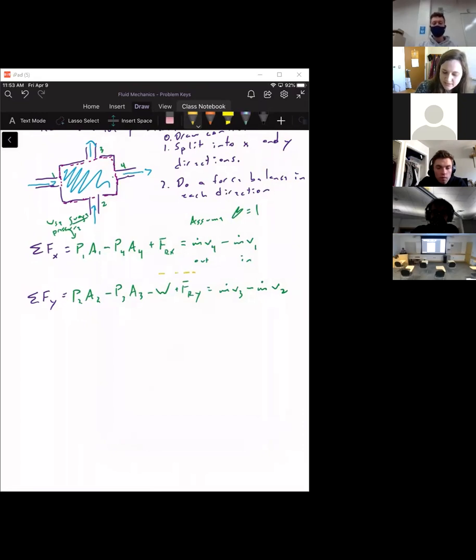But it's like this. If the pressure forces were negligible there and it was just that part, and V4 out is less than V1 going in, then yes, that means that force has to be pushing to the left. That would be the force on the water. So the force on the water would have to be pushing to the left to slow it down in that direction.